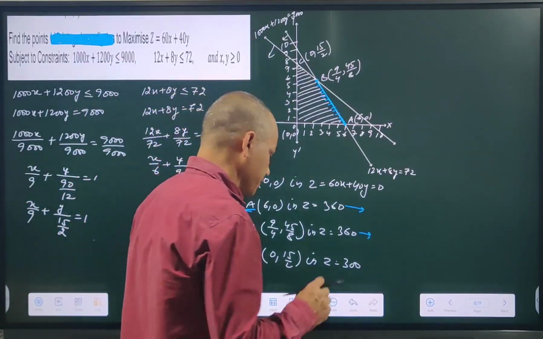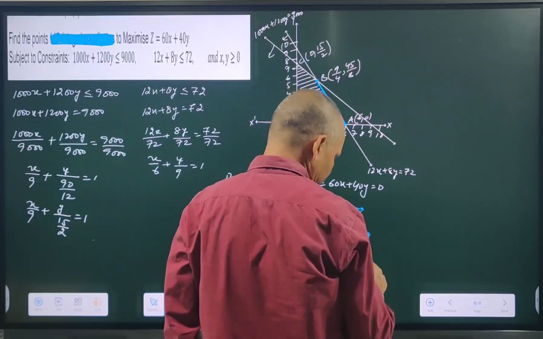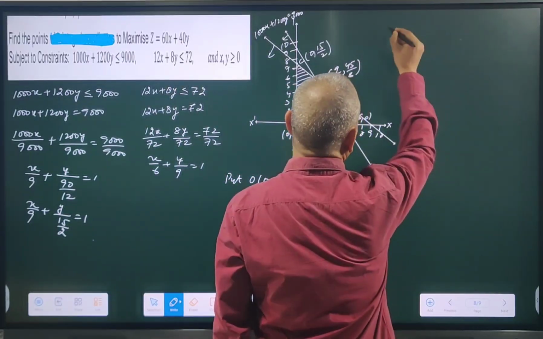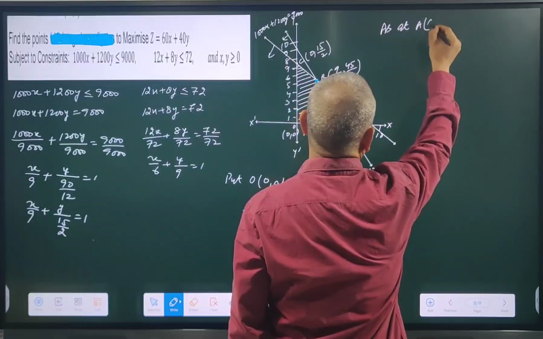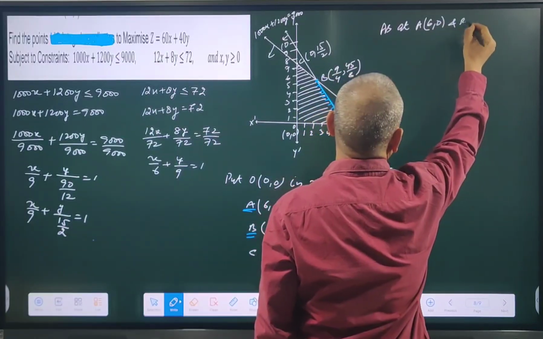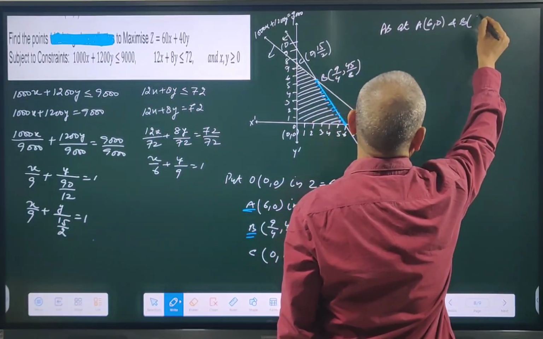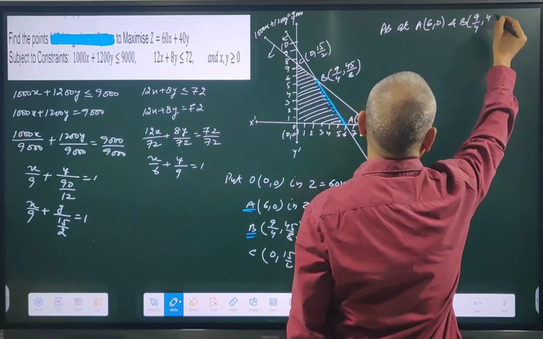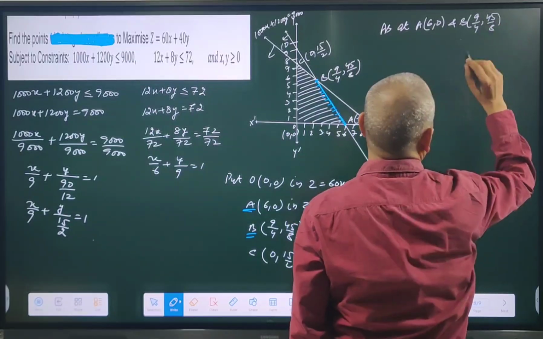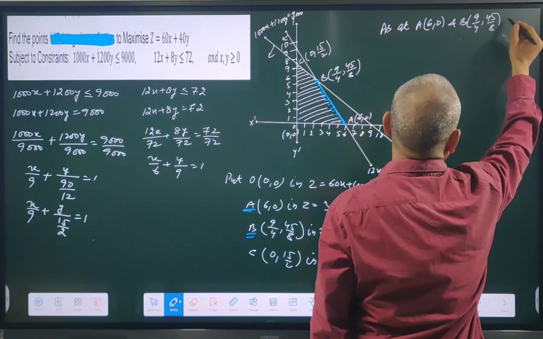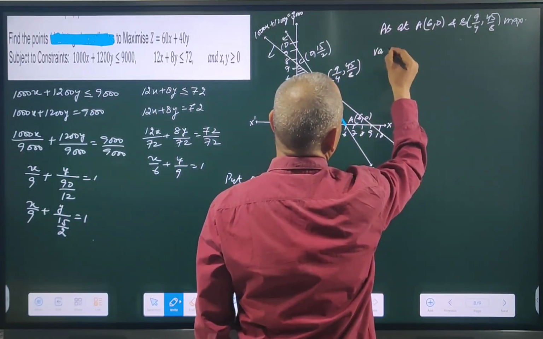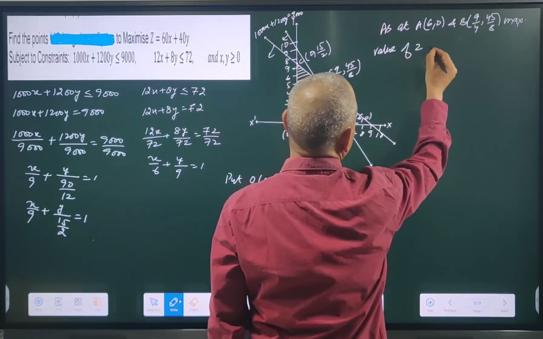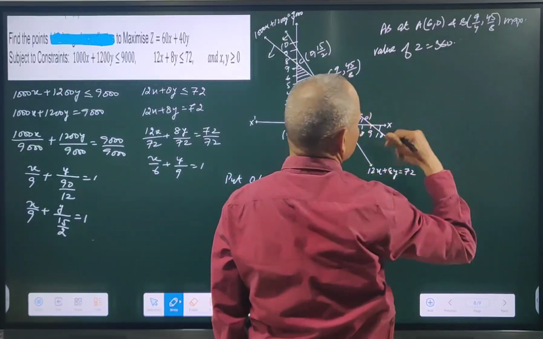So what will we write? We will write that as at A, that is (6, 0), and B, that is (9/4, 45/8), the maximum value of Z is 360.